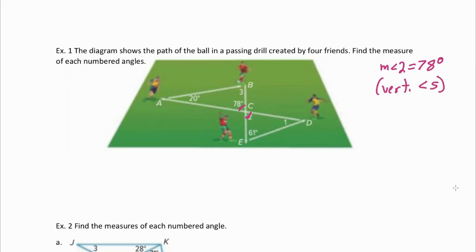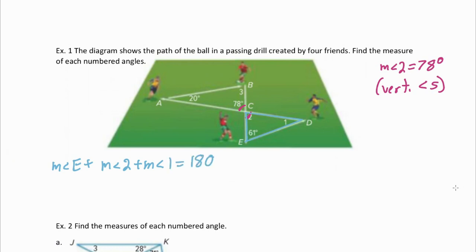Okay, so then if we know that the measure of angle 2 is 78 degrees, we have a triangle that's formed here. And again, we just said that the angle measures in a triangle sum to 180. So we can say the measure of angle E plus the measure of angle 2 plus the measure of angle 1 is going to equal 180.